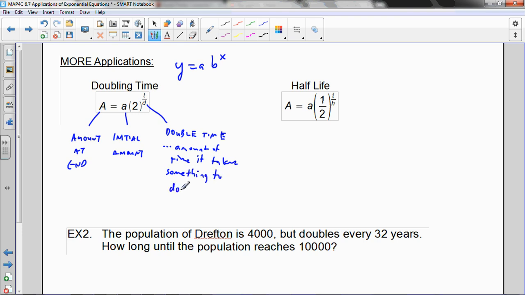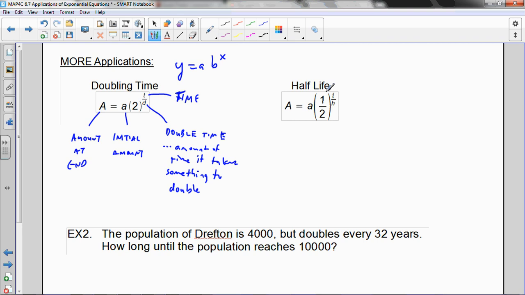So for instance, if it was an investment, if you had $100 sitting in the bank and it's earning a certain amount of interest, how long it takes to reach $200, your investment doubling from 100 to 200, is D, the doubling time. T, just like we would expect here, is the amount of time that's gone by. All right, and this is a common application of exponential growth.